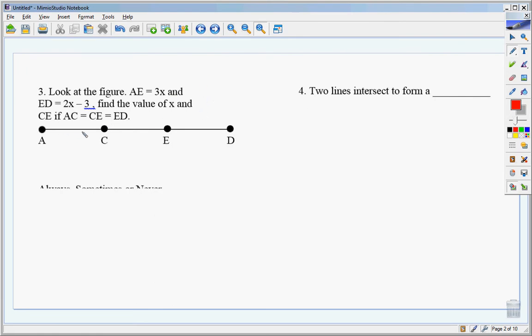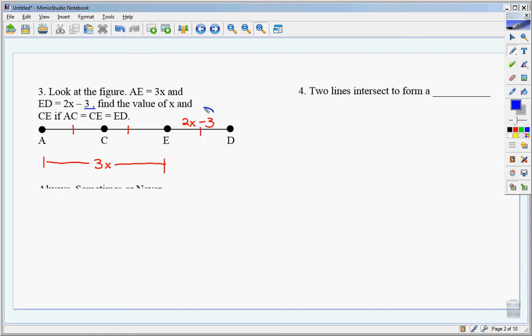Number 3, it says look at the figure. AE equals 3x, so from A to E is 3x. They said ED was 2x minus 3, but they told me AC was equal to CE was equal to ED, so I know all 3 of these pieces are the same.